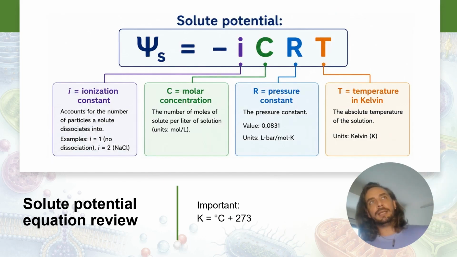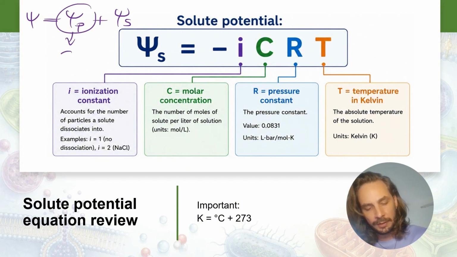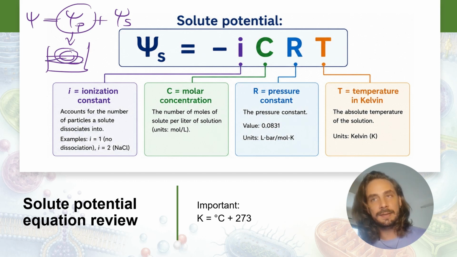Now, let's calculate the solute potential. Remember, the water potential equals the pressure potential plus the solute potential. We are going to assume the pressure potential is 0, because in an open container the pressure would be 0.